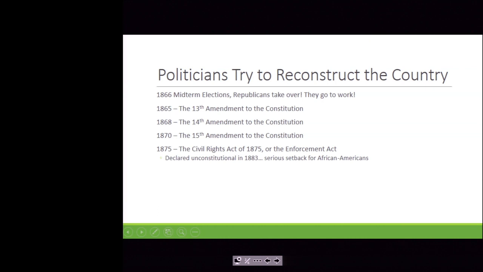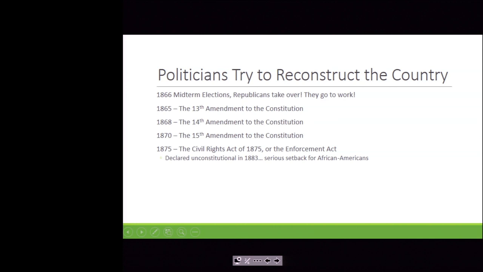Another important piece of legislation, the 1875 Civil Rights Act, or the Enforcement Act. Enforcement meaning enforcing the 15th Amendment, trying to ensure that the freedmen get that right to vote in reality. Don't just have that right on paper, but actually get to walk into a ballot box, mark their vote, and have it count.